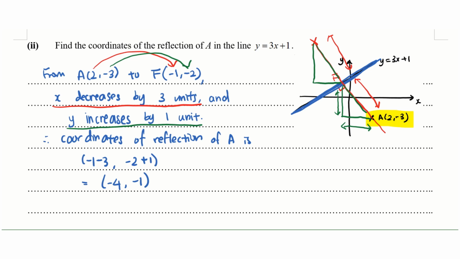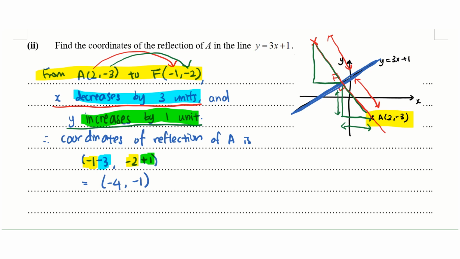Now I start from F, and continue from F to the reflected point. So I take -1 and -2, then subtract 3 from the x coordinate because of the decrease by 3 units, and add 1 to the y coordinate because of the increase by 1 unit.